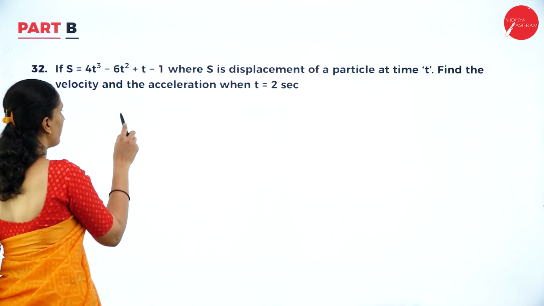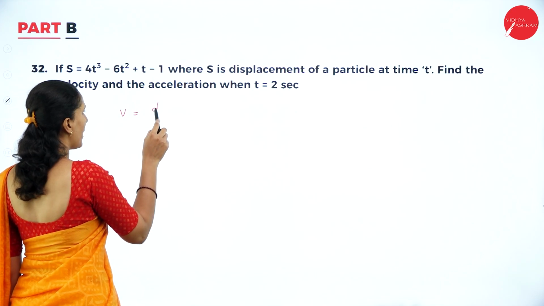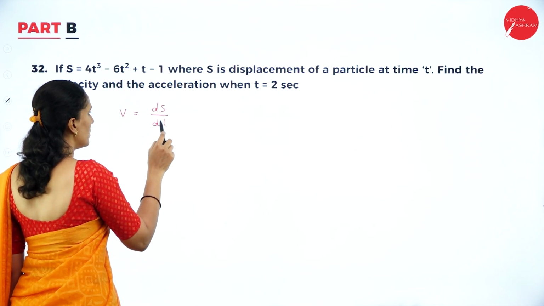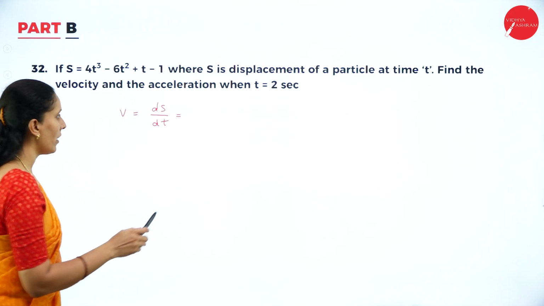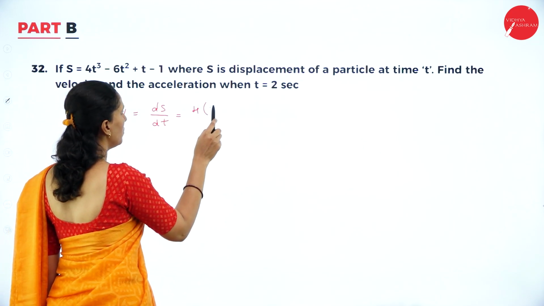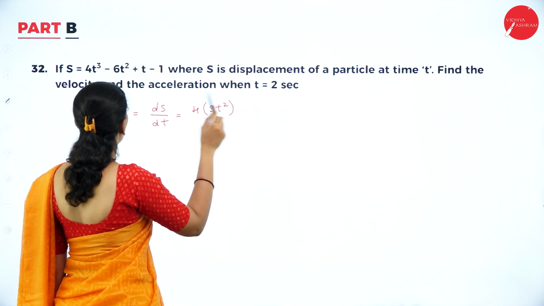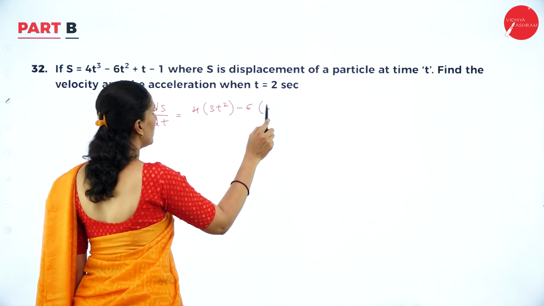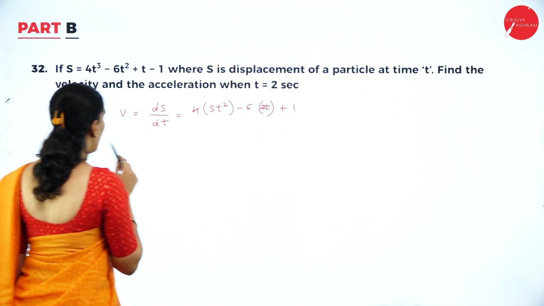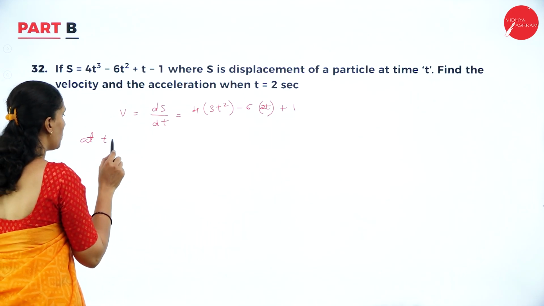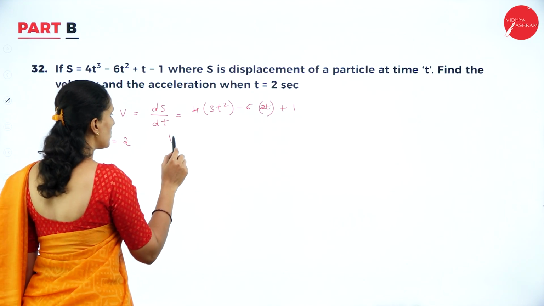So let's find ds by dt. After differentiating, t cube becomes 3t square. So we have here 4 into 3t square minus 6 into 2t plus 1. Now at t is equal to 2 seconds, what happens to v?